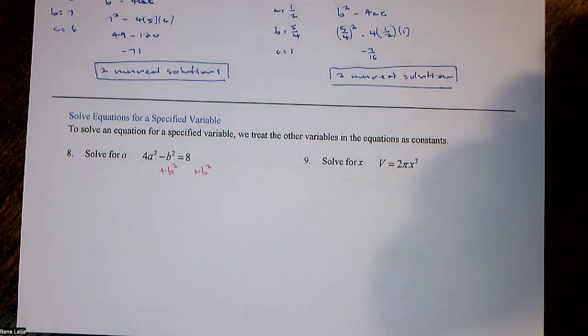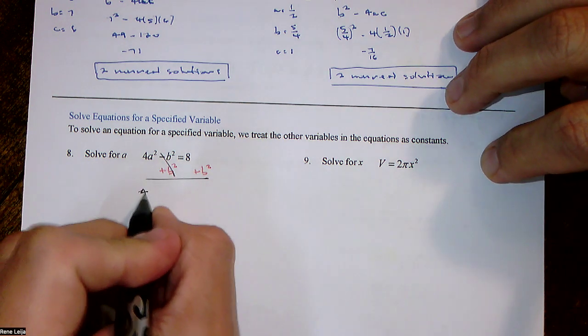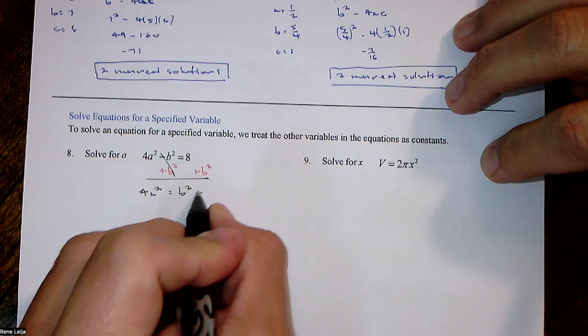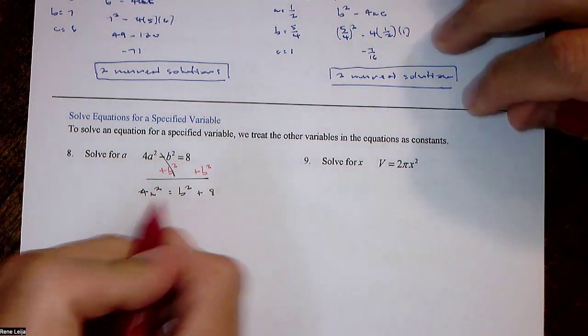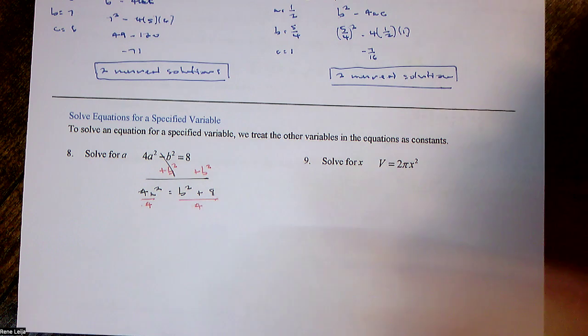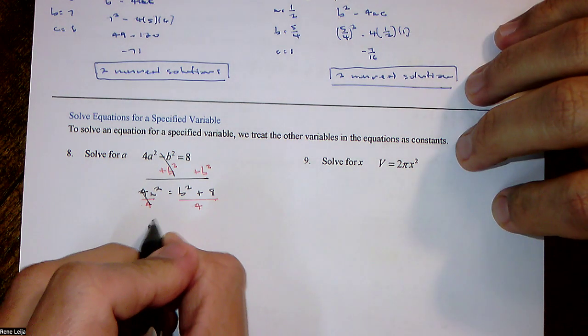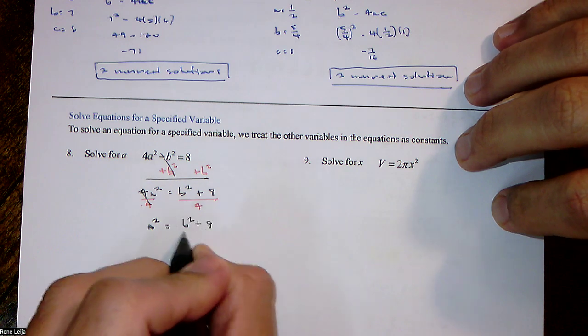And since we normally write our variables first, we'll have 4a squared equals b squared plus 8. Then we're going to divide both sides by 4. So we get a squared equals b squared plus 8 over 4.